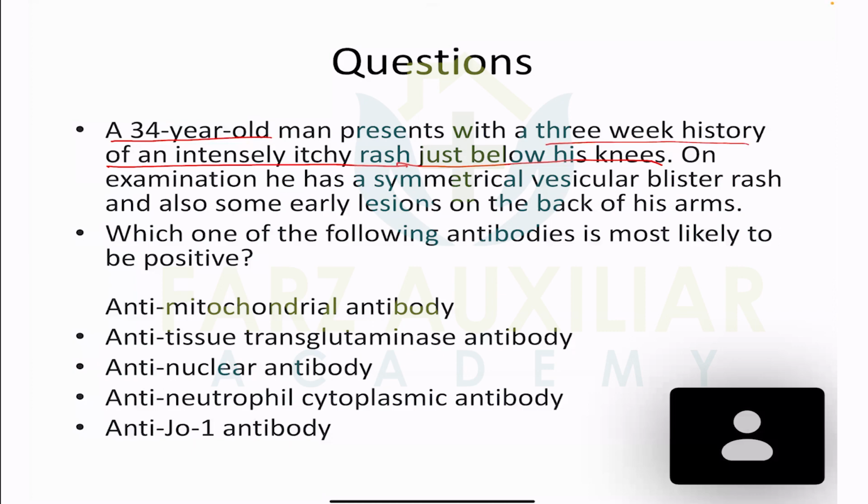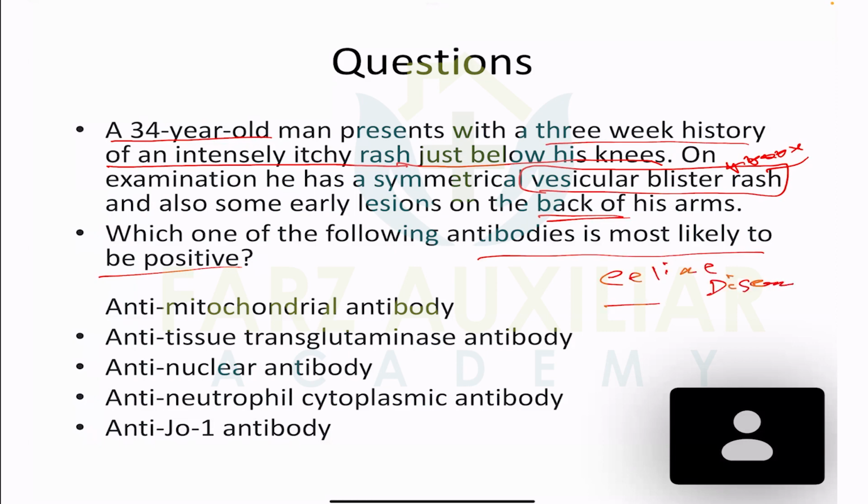On examination, he has a symmetrical vesicular blister rash and also some early lesions on the back of his arms. Which one of the following antibodies is most likely to be positive? Anti-mitochondrial antibody, or anti-tissue transglutaminase antibody. Yes, the second is the right answer.